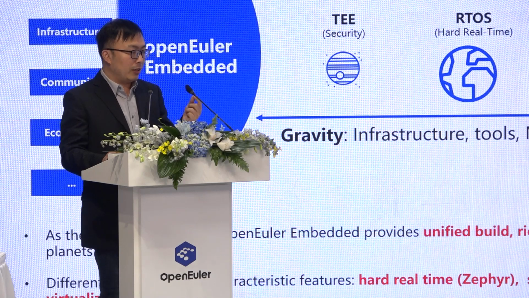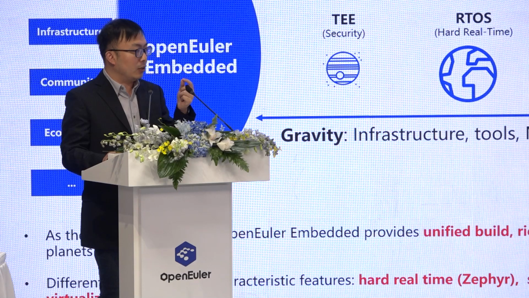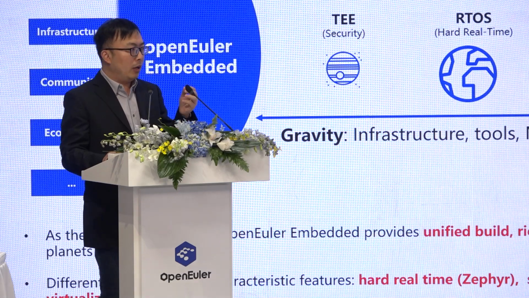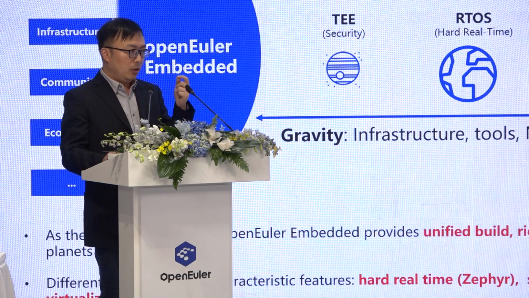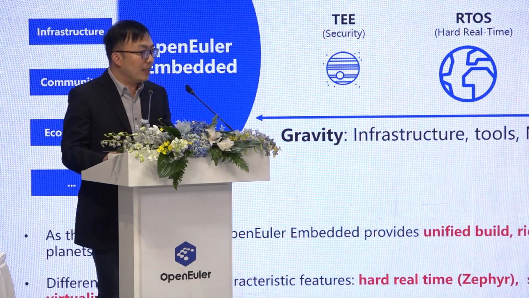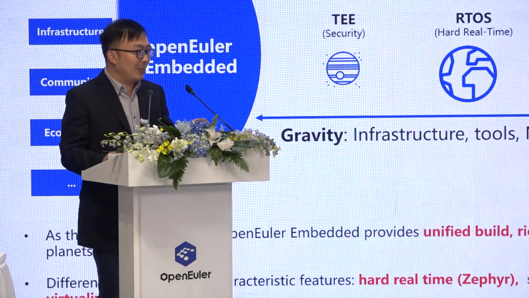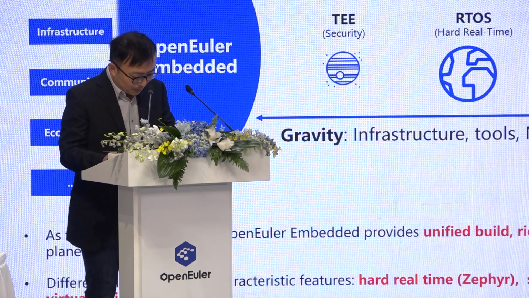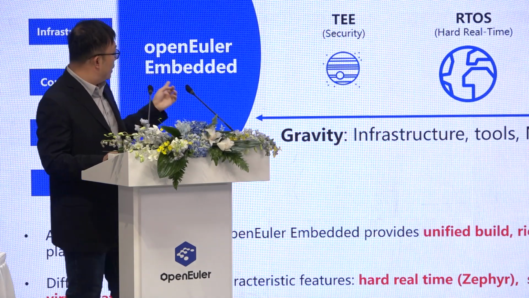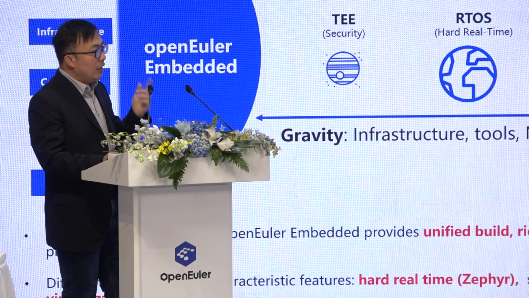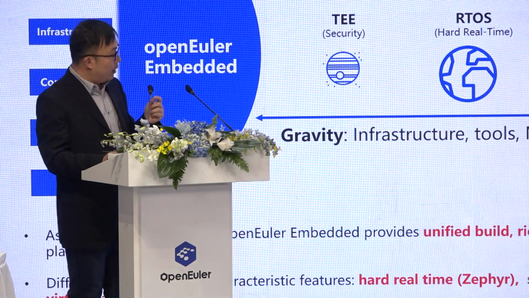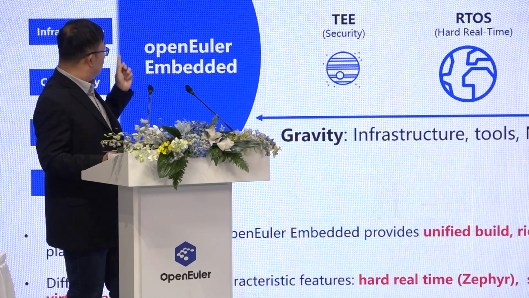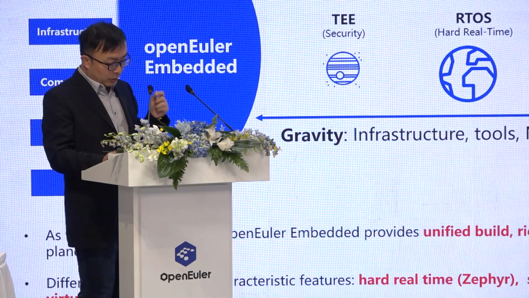You can get rich features, you can get good connectivity, but you can't get some inherent characteristics of embedded systems, for example real-time, safety, reliability, and low power, because the Linux kernel is not designed for that, right? Therefore, we define openEuler embedded as a Linux-centric, comprehensive, and open embedded software platform. Linux is important and necessary, but not everything.